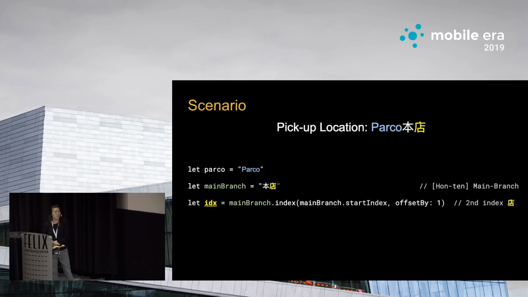We were performing string manipulations, so we were storing indices. In this scenario, we had two strings, the name string, Parko, and then the branch string, Honten. The branch string had two characters. Our target character was the second character, and we stored an index for that character. Let's call that idx.